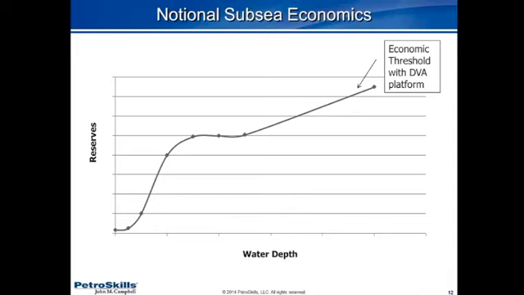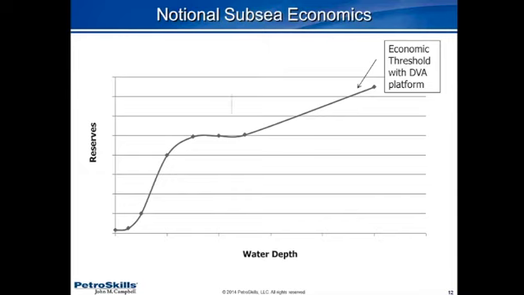So the line is a notional balance between the ability of a certain reservoir size to support economic development with a DVA or a fixed platform, which we see requires more reserves as the water depth increases.